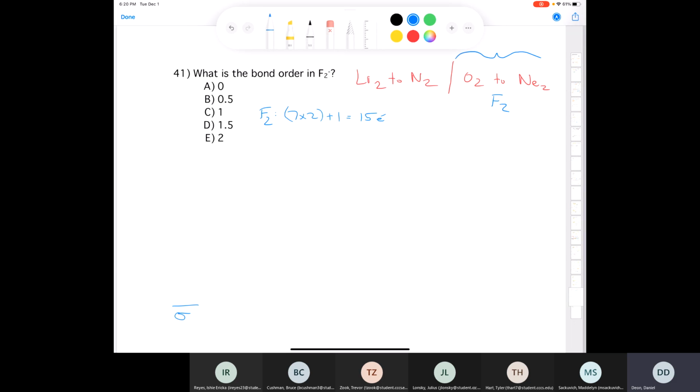So I've got a sigma 2s, sigma star 2s. Did I put stars where I didn't mean to put stars? I did.